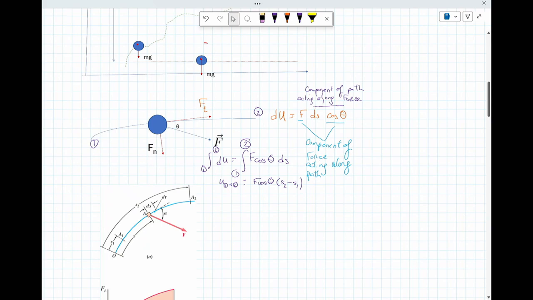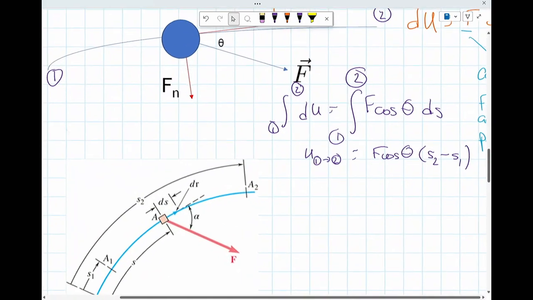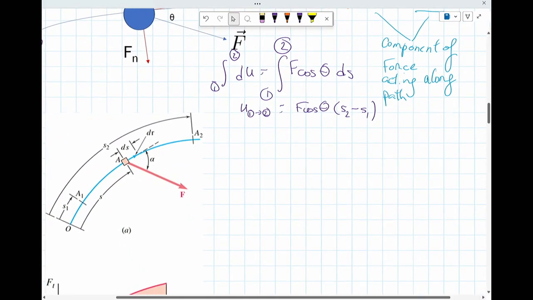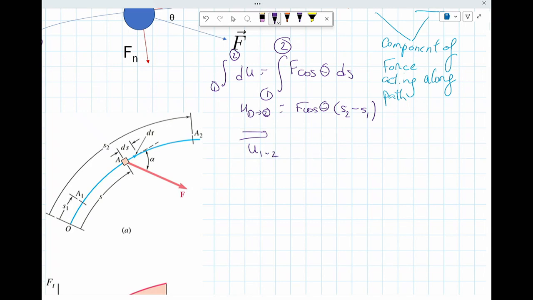So let's go look at something a little bit more complex in terms of its motion. We have something that is traveling again on a path, but how do I describe things in, say, my x, y, z coordinates? So work 1 to 2 is equal to, say, A1 to A2 of f dotted with dr if I want to go all vector on it.